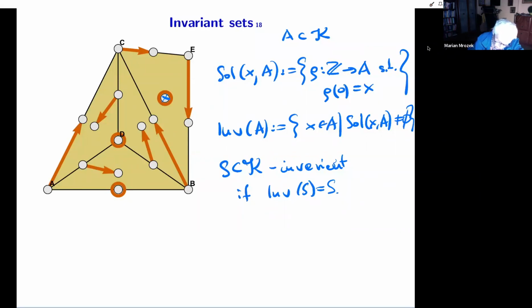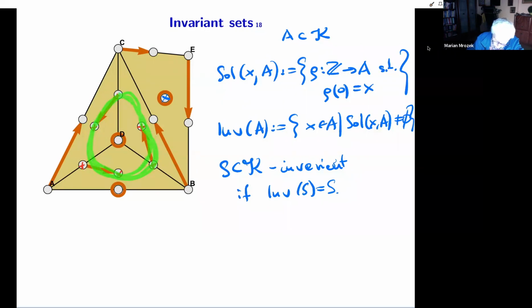The collection of these six cells, let me use a different color, forms an invariant set because there is this periodic solution, which you just keep going around infinitely many times.